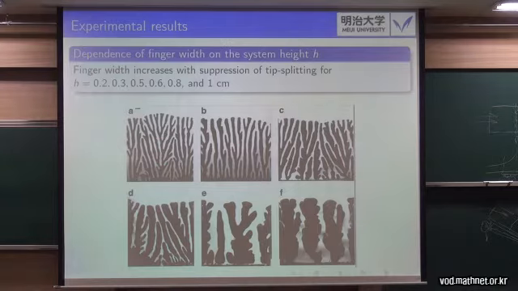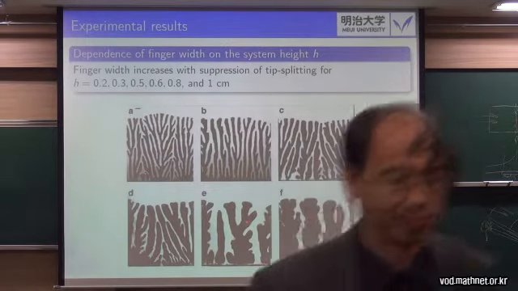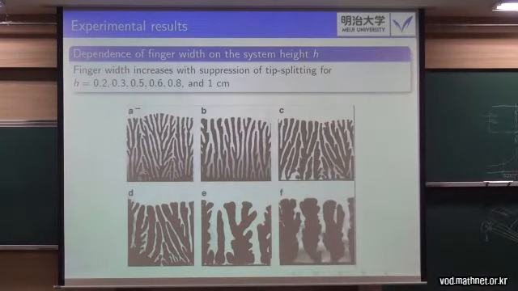From here we have 0.2 H. Then as H increases from this point to this point, the fingers increase in width, and as you can observe, the fingers also exhibit less and less tip splitting. The tip splitting is suppressed as we increase the vertical height further.